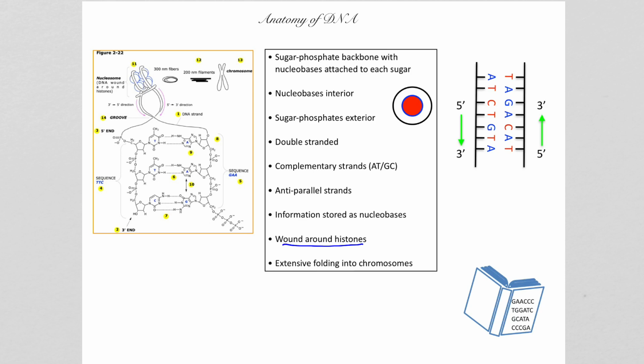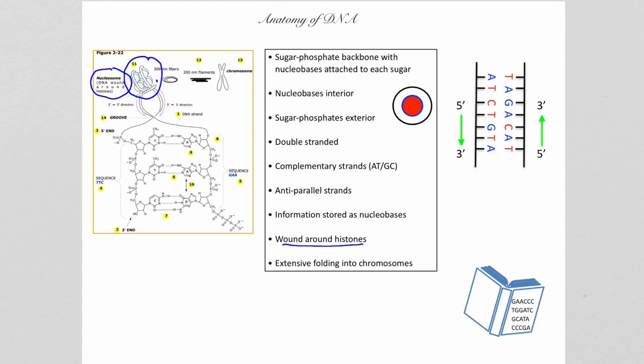DNA is wound around basic proteins. These are proteins that are positively charged, called histones, to form a basic structure of a chromosome called a nucleosome.